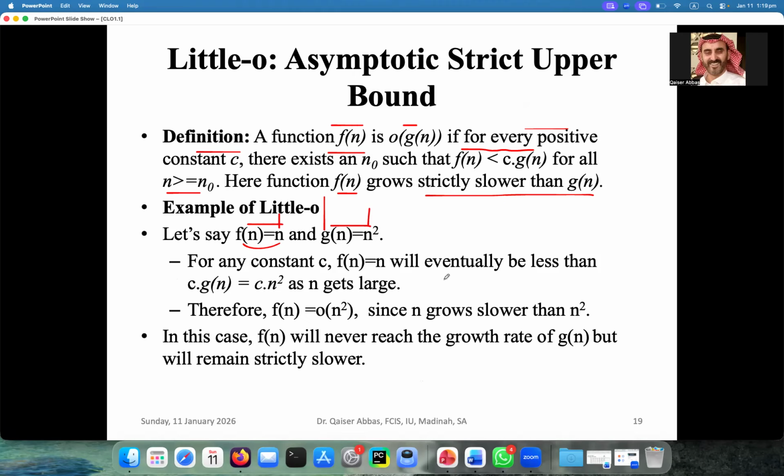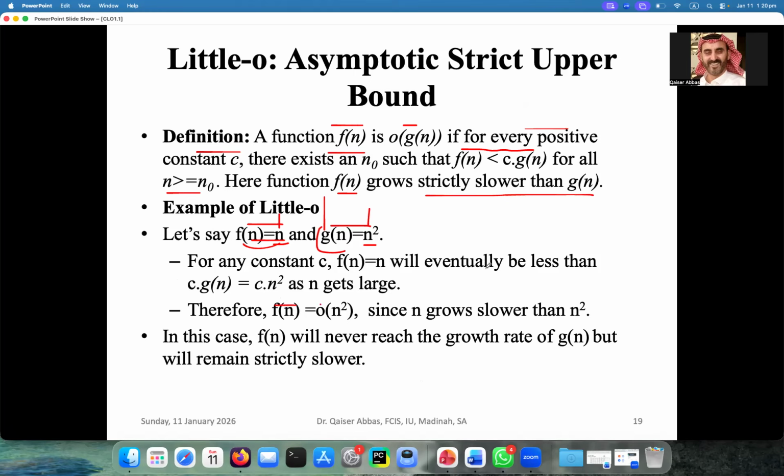Is it true or not? You can put positive numbers there, because this is n and this is n square. The equation n square is higher than n. For any positive constant c multiplied with it, n square is already larger, and multiplying further makes it even larger.